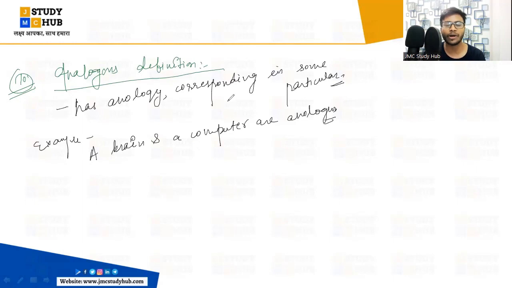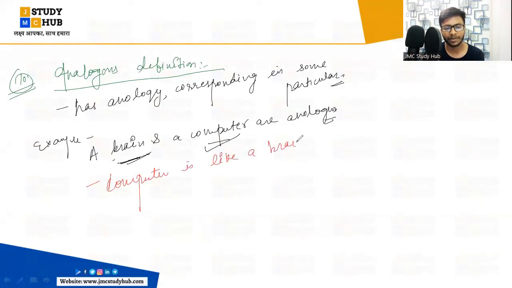This is the corresponding in some particular, where you are comparing the computer to a brain. So a brain and the computer are analogous, and we can see that the computer is like a brain. Everybody, give one example of an analogous definition.